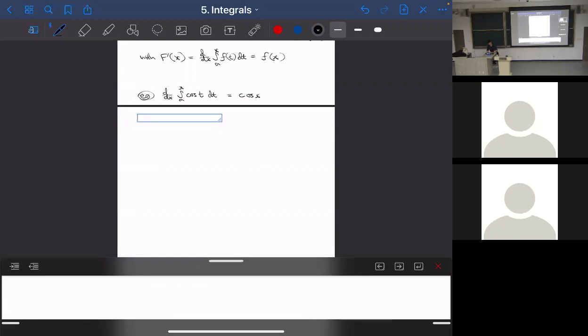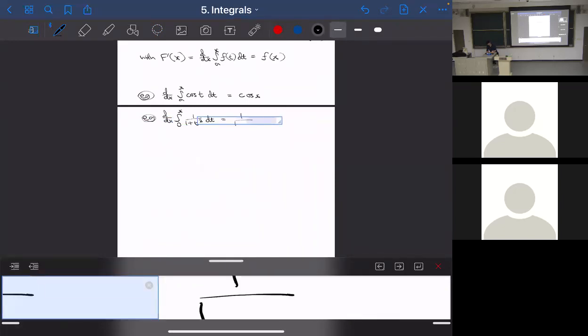Okay, and I can also fix, instead of taking an endpoint a, I can take a fixed endpoint 0. So say the integral of 1 over 1 plus t squared dt.